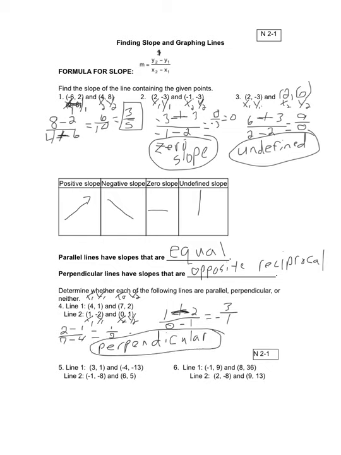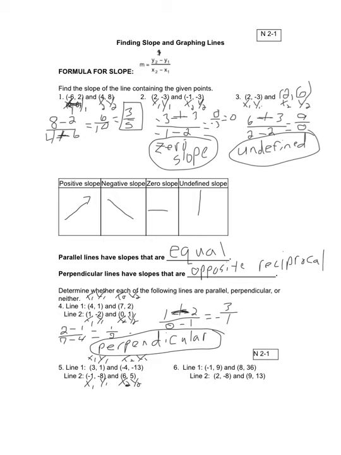And box your answer. Okay, now let's look at number 5. x, y, x, y, x, y, x, y. These came first, these came second.